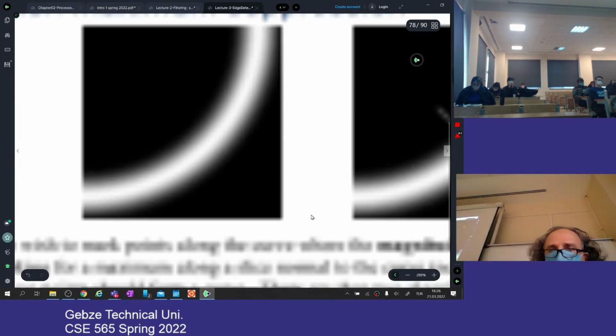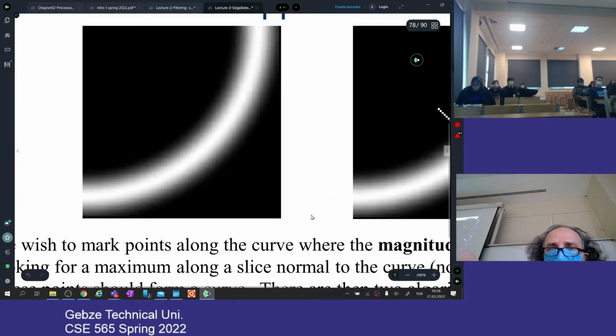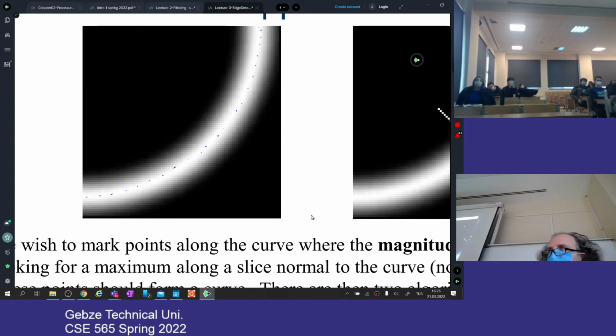My purpose is to find the edge points like this. If I take a threshold, most of these pixels will stay above the threshold, but my detected edges will contain lots of false positives. I don't want any false positives.